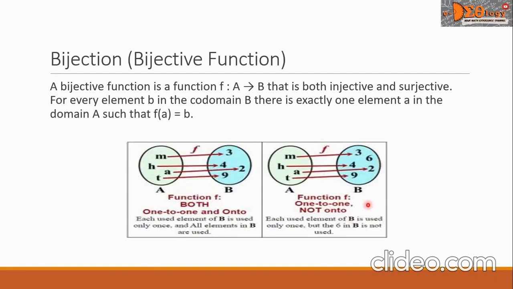Since this is 1-to-1 but not onto, this function is not a bijection because, as per the rule, a bijective function must be both injective and surjective, or we say it must be both 1-to-1 and onto.